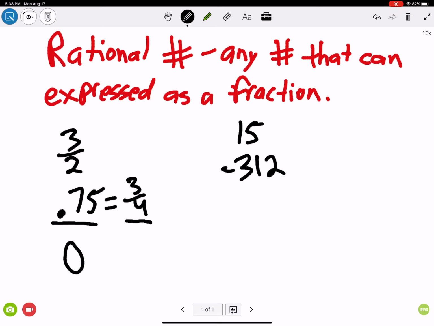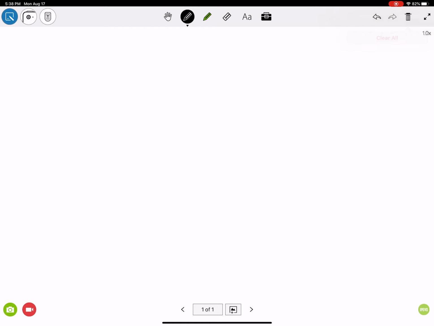So, now you're going to be sitting there thinking to yourselves, what is not rational? Or, in other words, what is an irrational number? That would be the opposite of a rational number. So if a rational number can be expressed as a fraction, what do we know about an irrational number?